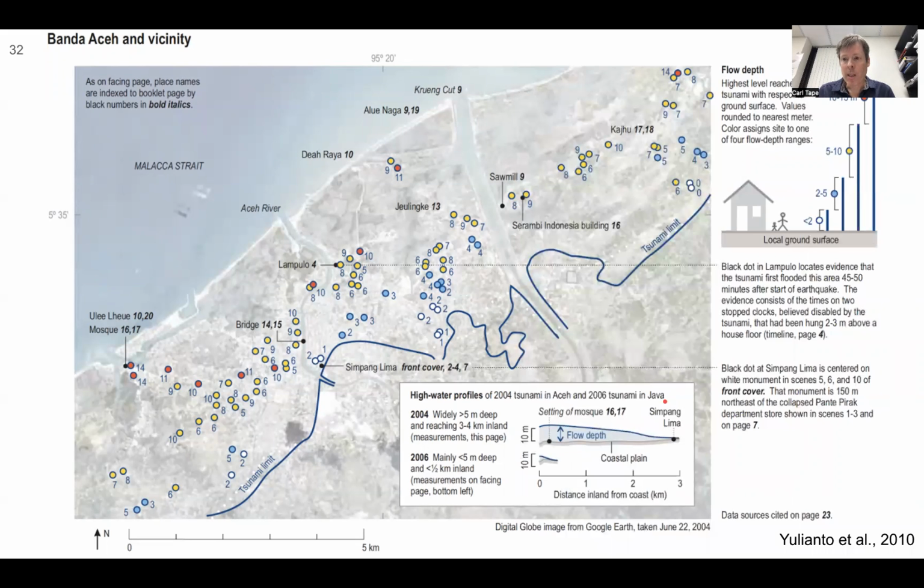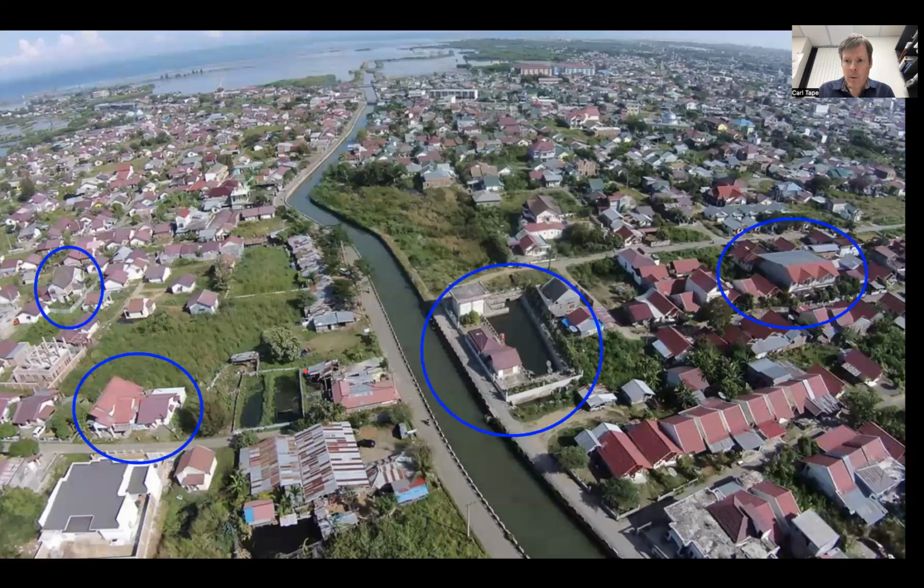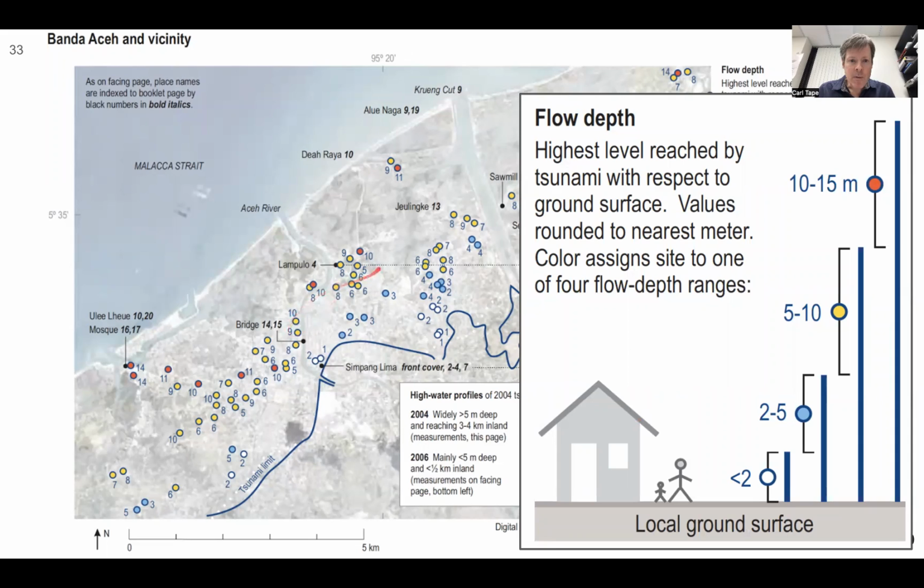So this shows, if we look at the limit, as you would expect, the wave heights are smaller near this limit. They would go down to 0 at the limit. These white dots are showing less than 2 meters, the blue dots 2 to 5 meters, and the yellow dots 5 to 10 meters.